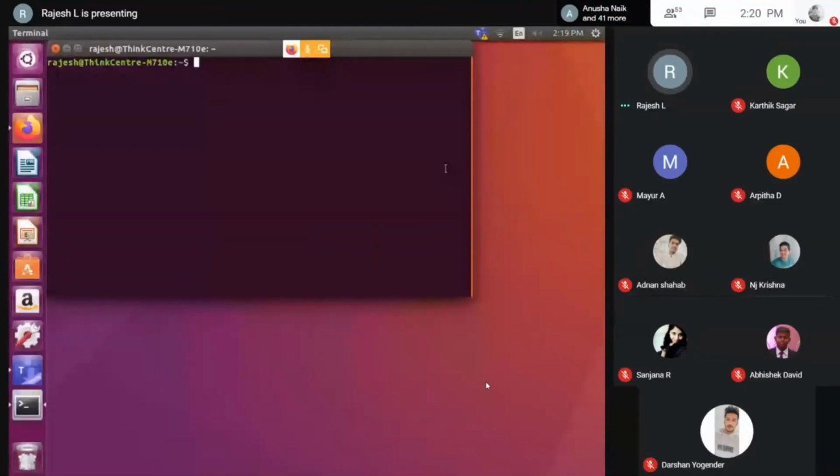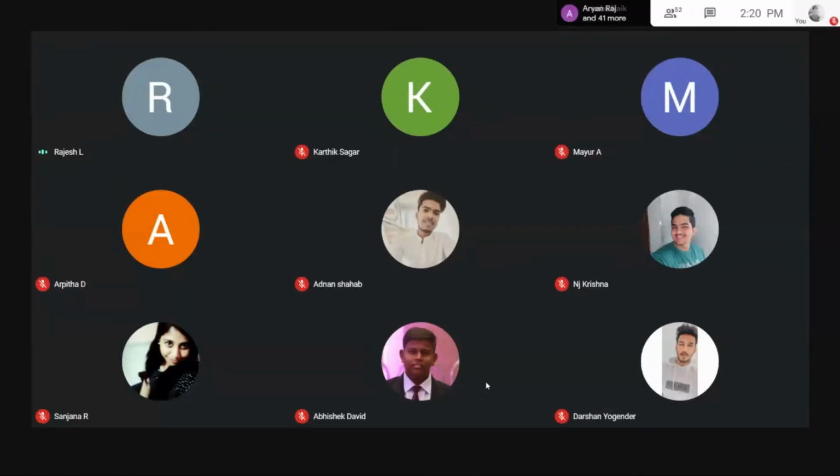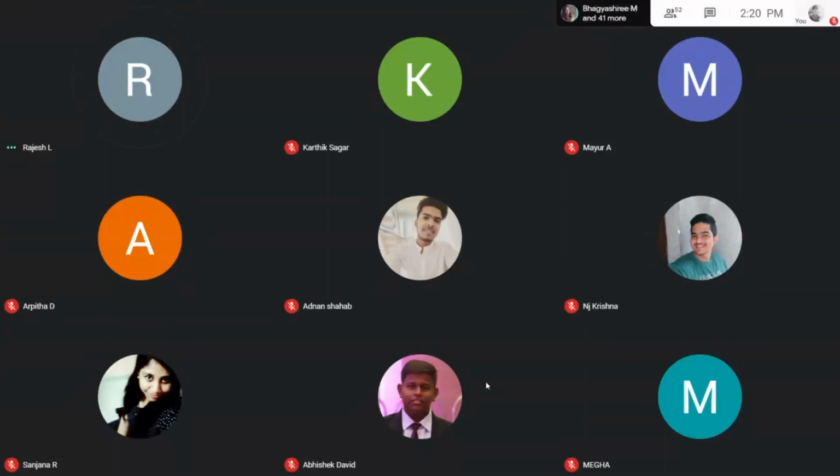Is there any change in your visibility? Present now, entire screen, allow. Network connection issue, trying to connect.